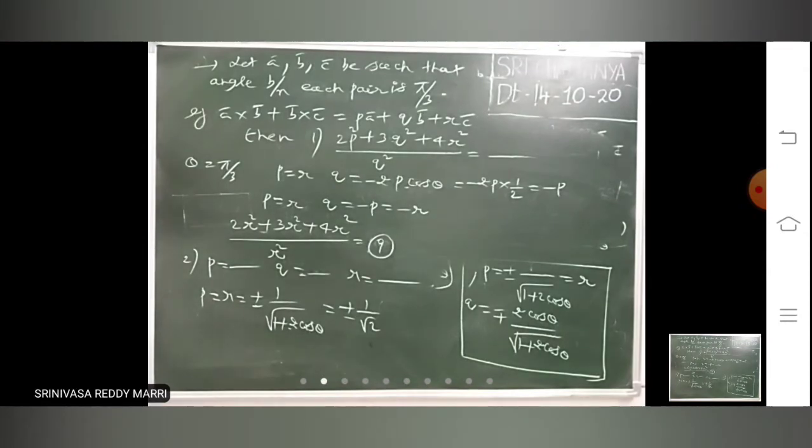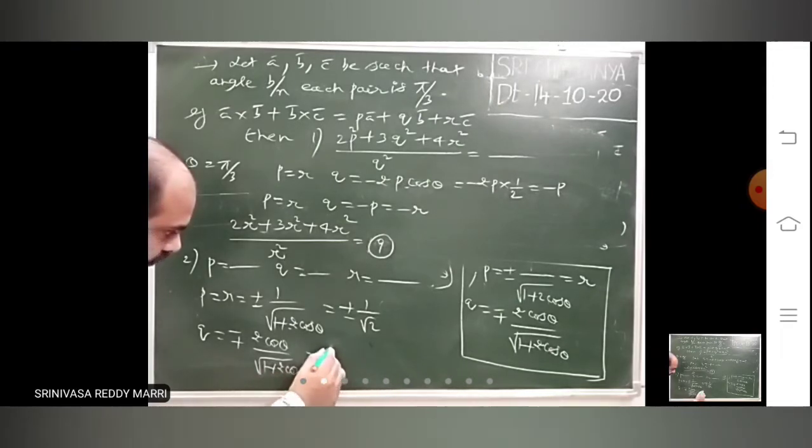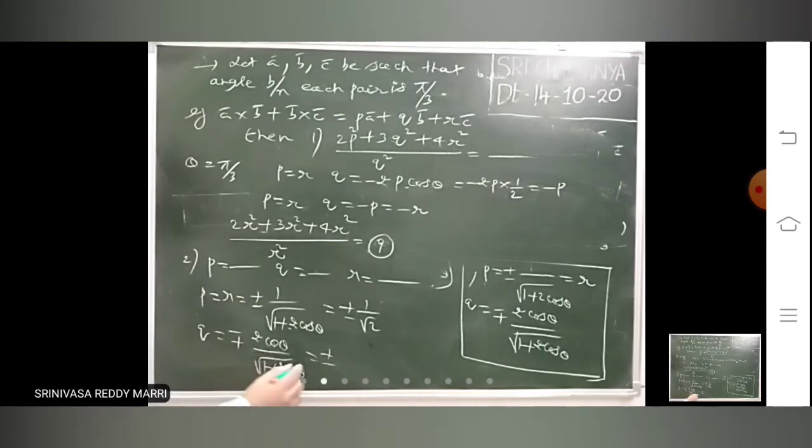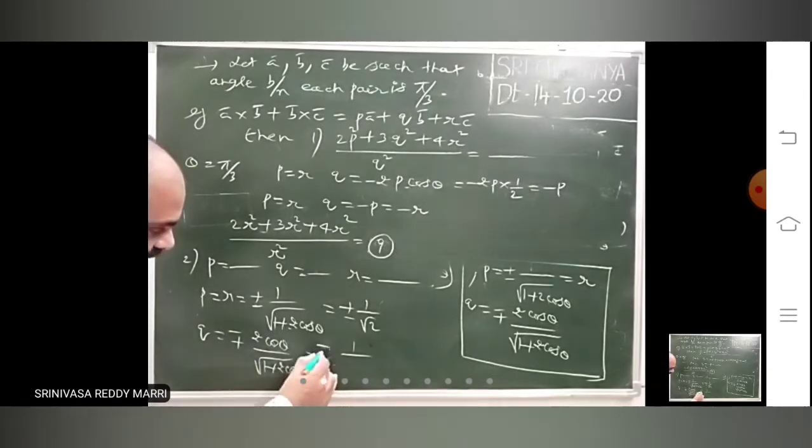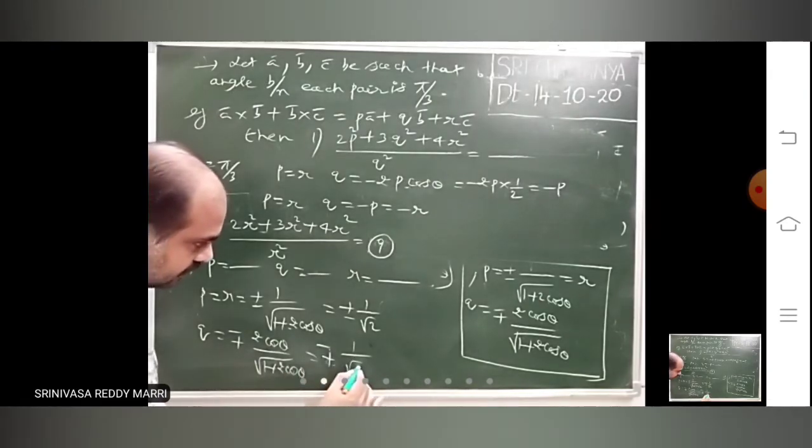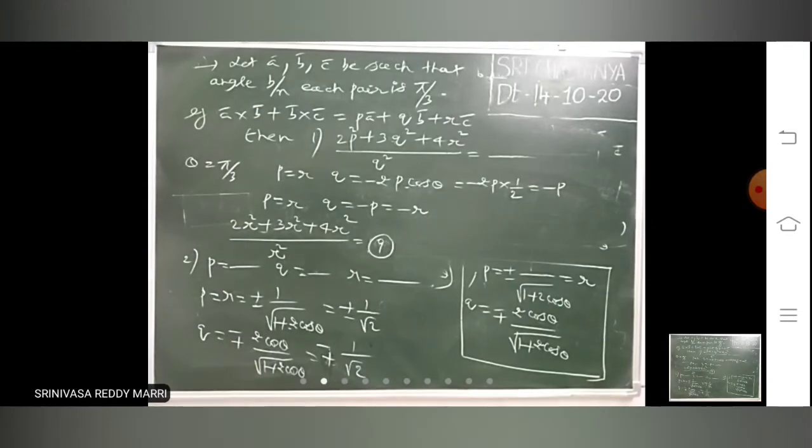Plus or minus 1 by root 2. Q is nothing but minus or plus 2 into 1 by 2, 1 divided by root 2, minus or plus you must write. Those are the values. Like that you can easily solve the problem.